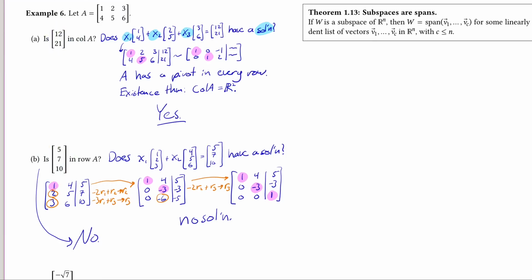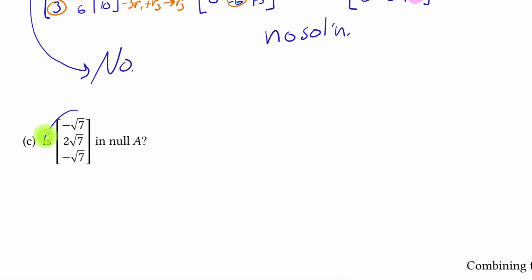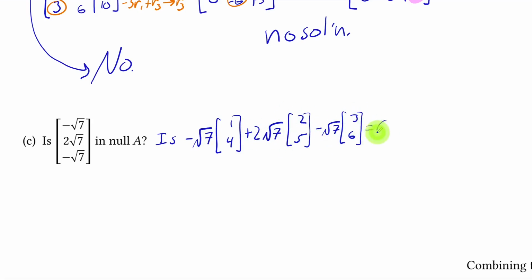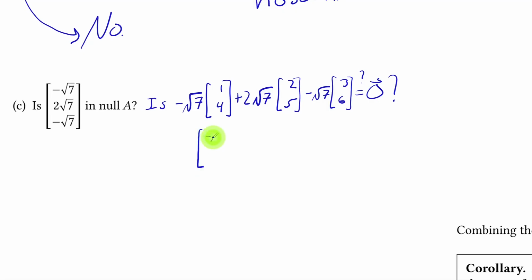So finding if a vector that's given is in the row space or the column space involves solving a system of equations. But if you want to know if a vector that's given is in the null space of A, we just need to use the entries here as weights of the columns of A and see if the result is 0. Just doing the scalar multiplication and vector addition gives you the following.